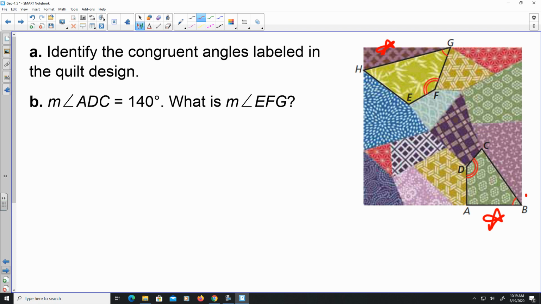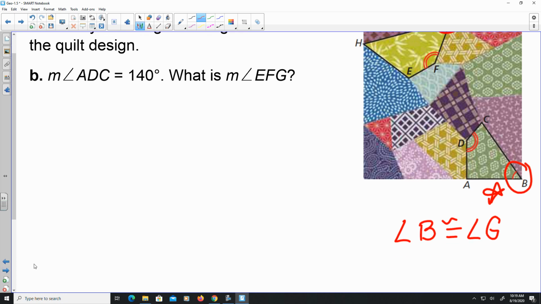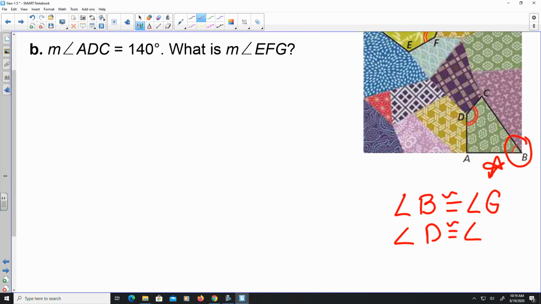So if you look at, say, angle B, it's got the red marking there, and you see that same marking here in angle G. So I can say that angle B is congruent to angle G because they gave us that information. Looking at another one, I can also say that angle D is congruent to angle F.